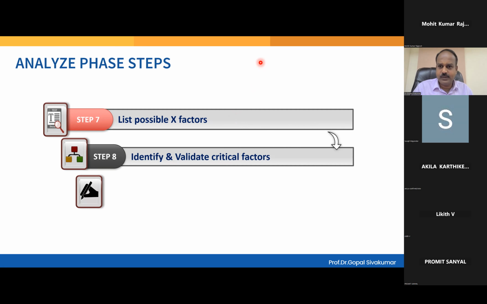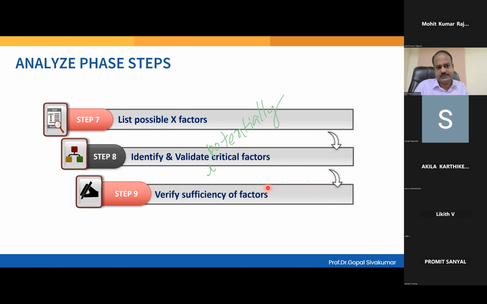So let me add one word here. You have to read it like this: identify and validate potentially critical factors. I'll tell you what is a potential factor and what is a critical factor, everything. Then we move on. Verify sufficiency of the factor.